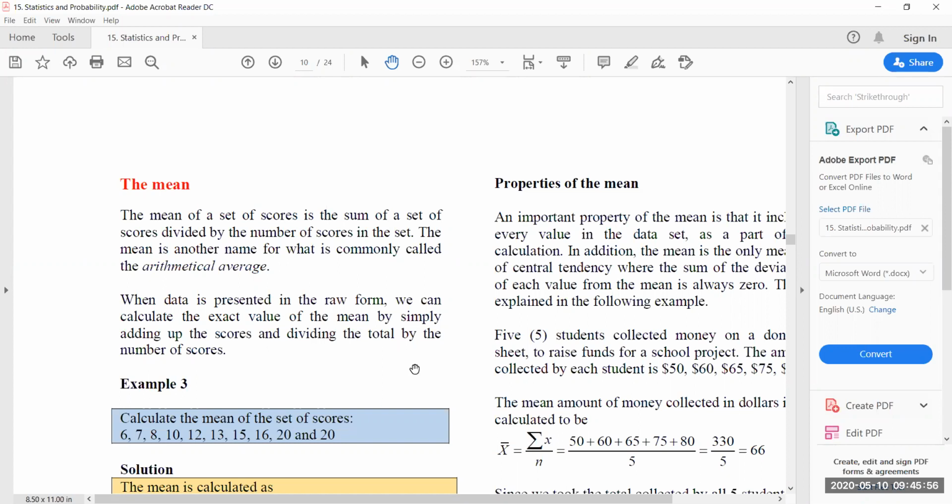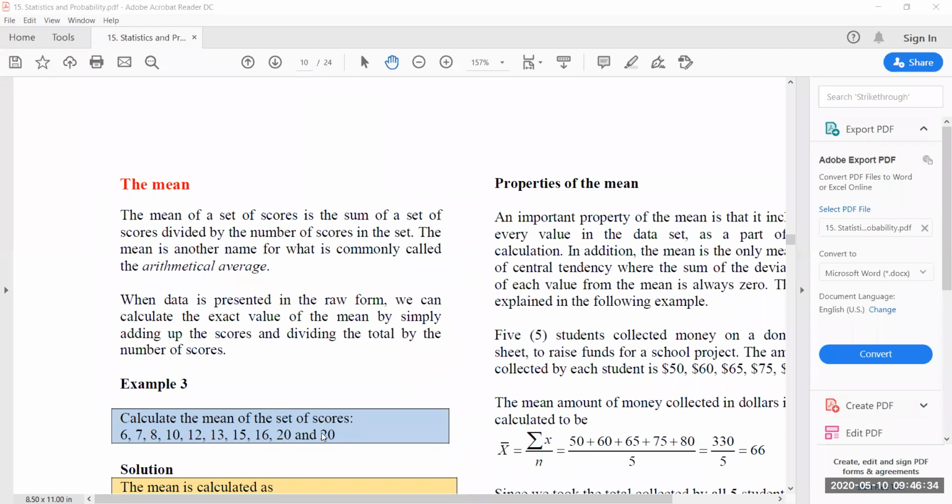So I want somebody to tell me the mean of this set of scores here. Who's going to tell me?